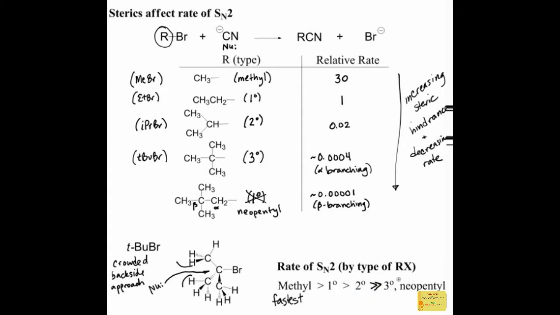There's a huge jump to tertiary and neopentyl. These are so slow that we usually consider them to be no reaction. It takes so long for any amount of it to react that we describe it as having no reaction at all. So we'll keep that in mind when it comes to backside attack, this rate based on sterics.